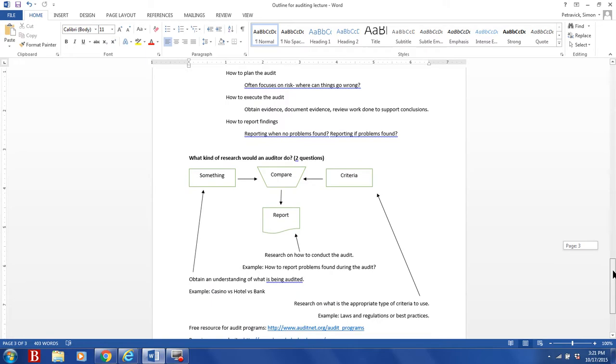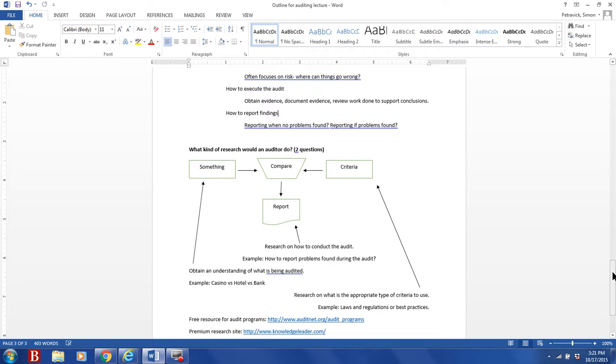So this brings us back to our little model as to what an auditor might do. There's a need to compare something to a criteria and issue a report. So one type of research would first of all be how to conduct an audit.